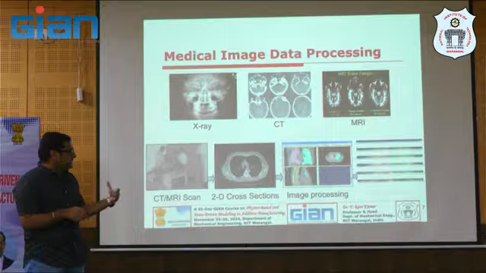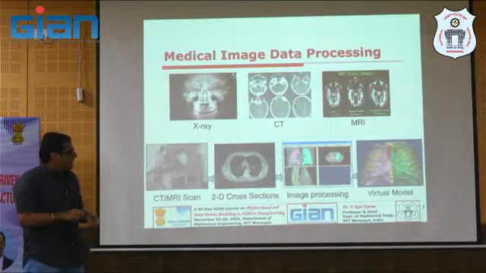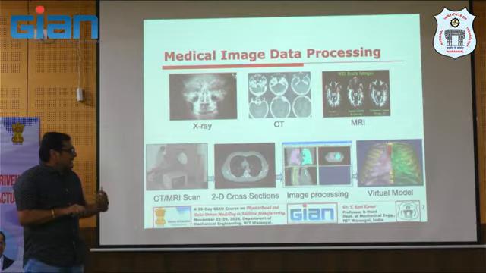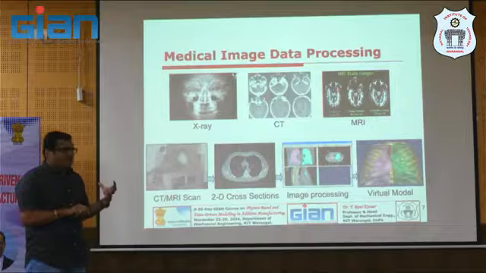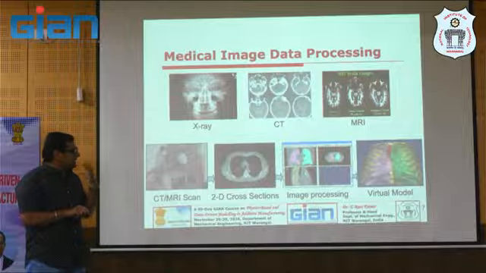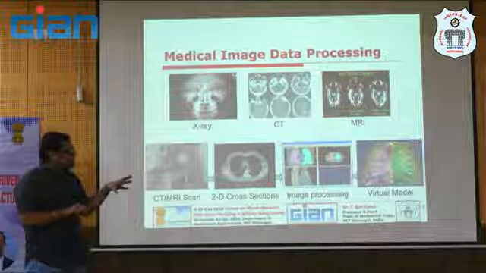Again, if you try to see a COVID patient, a chest CT has been taken. At this point of time for the COVID patient, you may be much worried about the lungs, how much infection the lungs have, right? So in that case, you may not be bothered right now about the ribs or the spine.